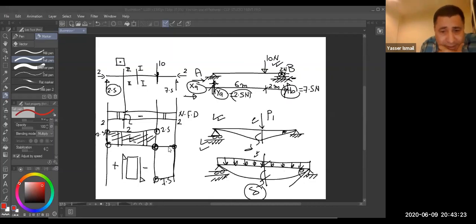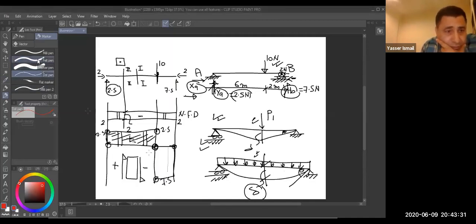What about this area? This area gives me negative, that means here I have negative. All this is negative shear force. Here negative and here positive.